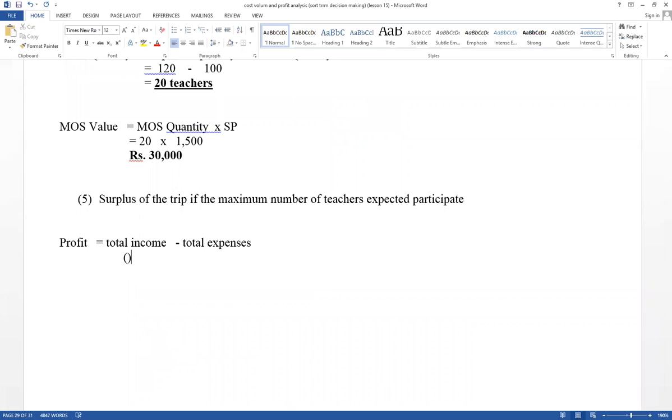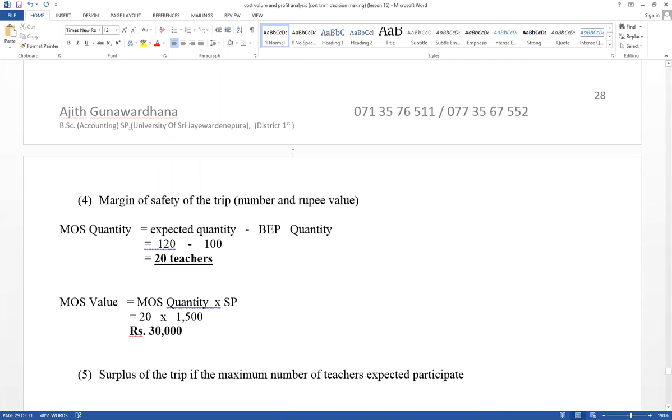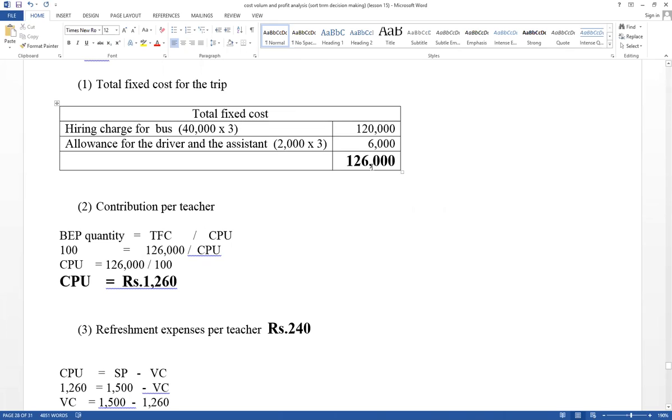Then think about income minus expense. Total income can be calculated: number of teachers equals 120 into selling price equals 1500. As the selling price, we have to consider the fee. Then total expense includes total fixed cost as well as total variable cost. Total fixed cost equals 126,000, which has been calculated.